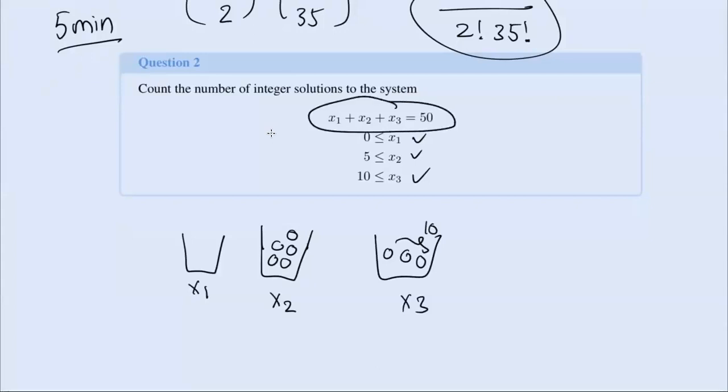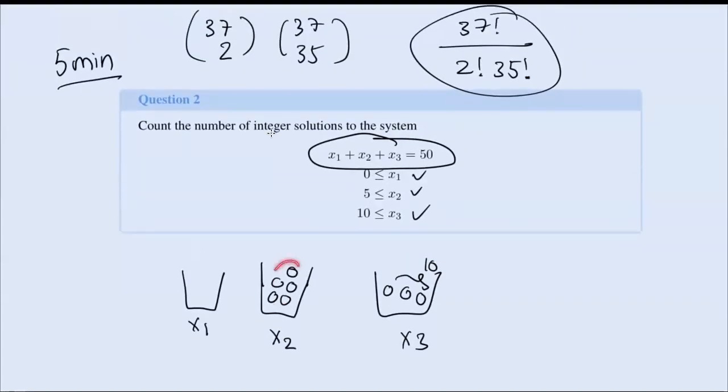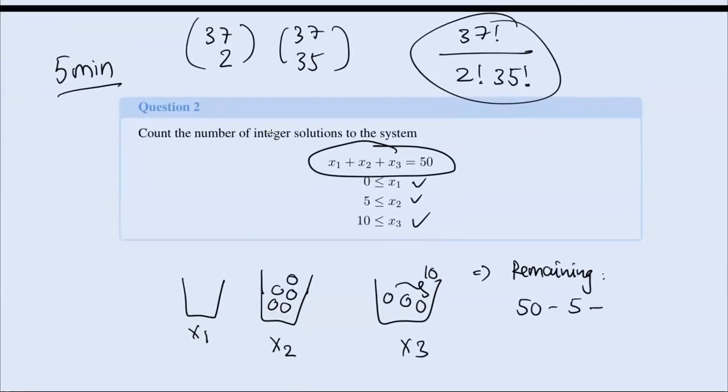And we want to satisfy the first one, which is the number of balls in bin 1 plus the number of balls in bin 2 plus the number of balls in bin 3 has to add up to 50. So after you distribute 5 balls in bin 2 and 10 balls in bin 3, then the remaining balls is 50 minus 5 minus 10, which is 35 balls.